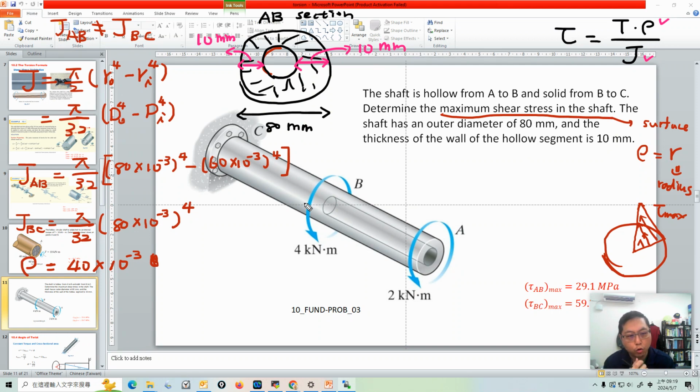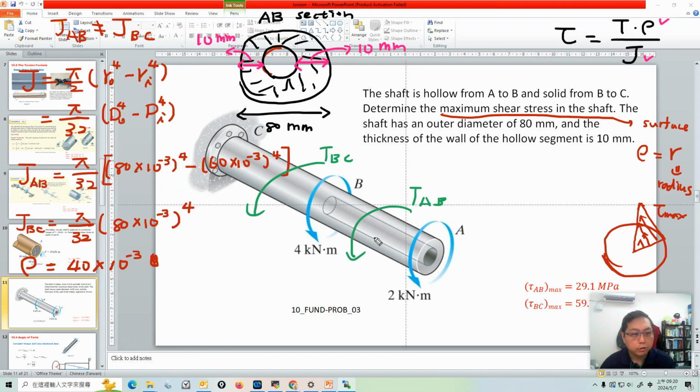So what's the torque on the AB section and the torque at the BC section? If I don't know the direction of a torque, I just assume every torque is counterclockwise, just assume everything is positive.